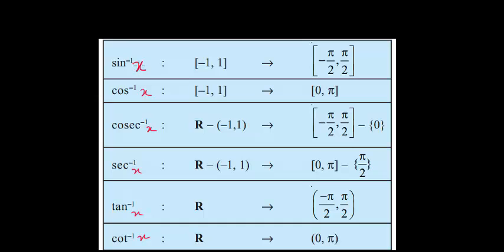Okay, so sine inverse of x is going to be, this now becomes my domain, and this is my range. Okay, so it's the same thing, whatever I've explained. Please go ahead and refer to the cot function. I've left it out for a reason. I want you to understand that by yourself.